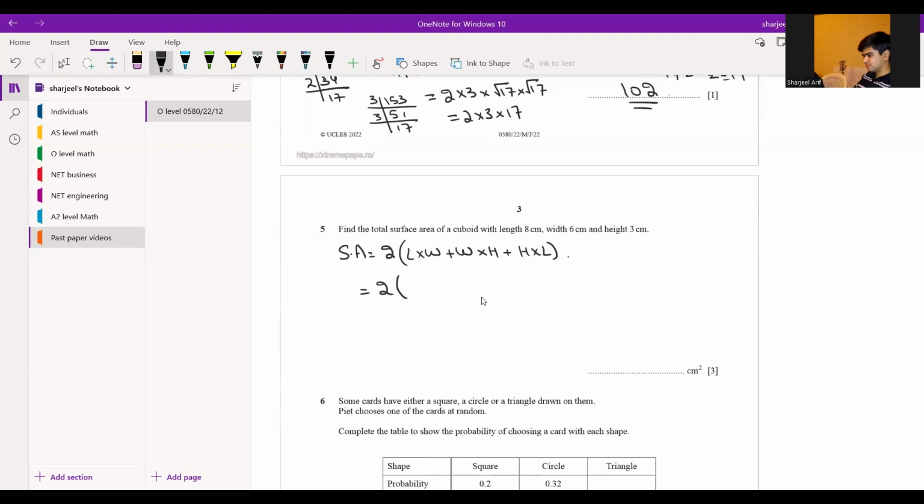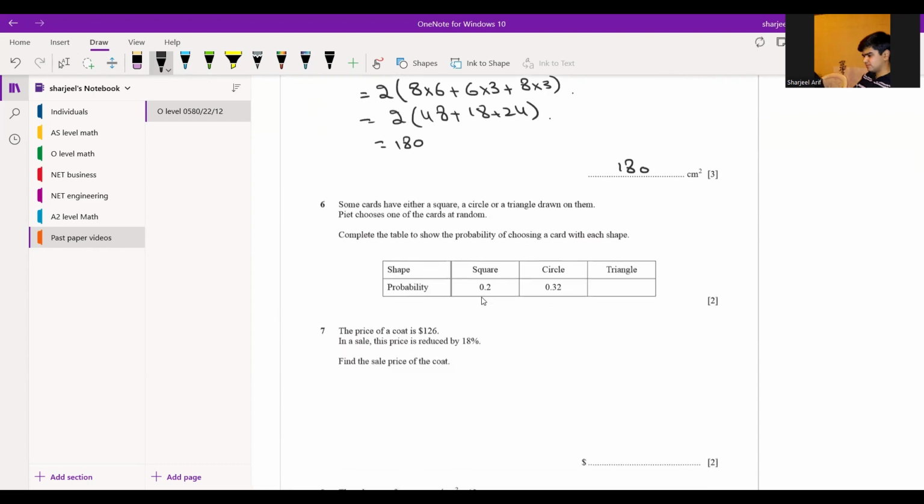So this will become 2 into 8 into 6, 6 into 3, and the last one is 8 into 3. Now solve this one. This will be 48, 18, and 24. We will add them and then multiply by 2 to get 180. So this will be our answer.